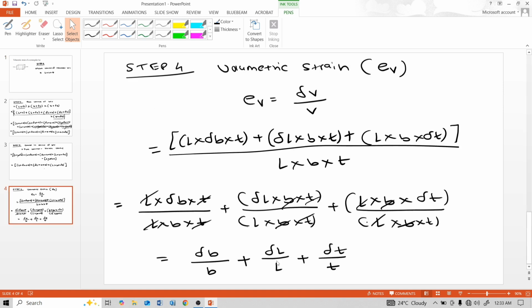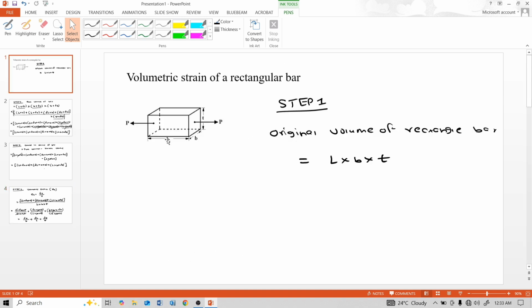This delta L by L means change in length to the original length, that is longitudinal length, and it is longitudinal strain.